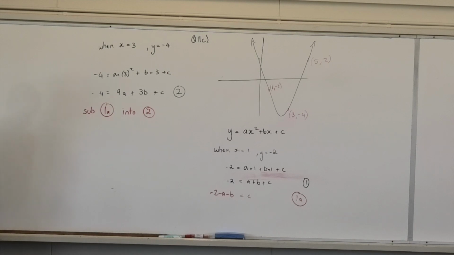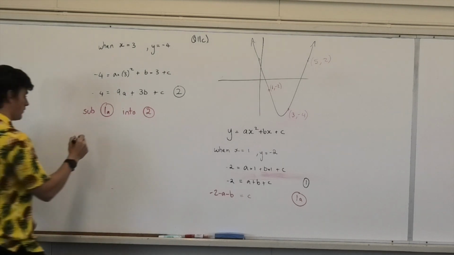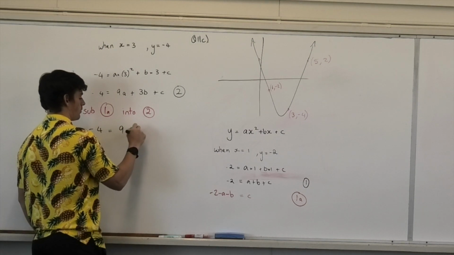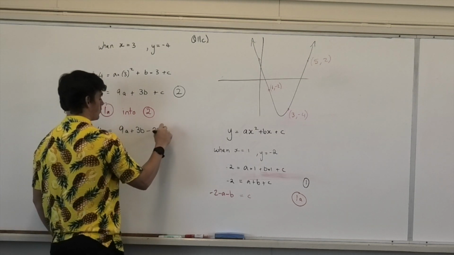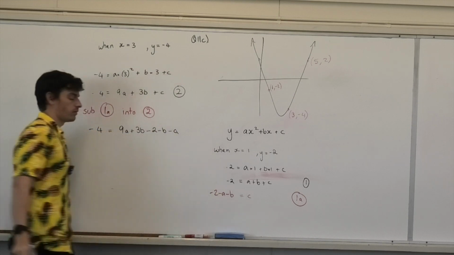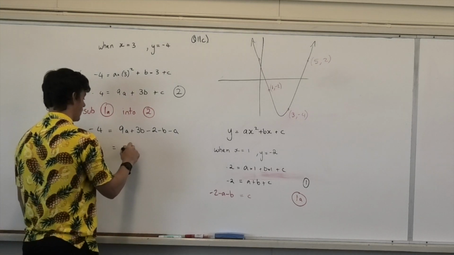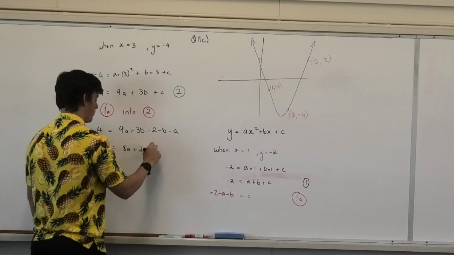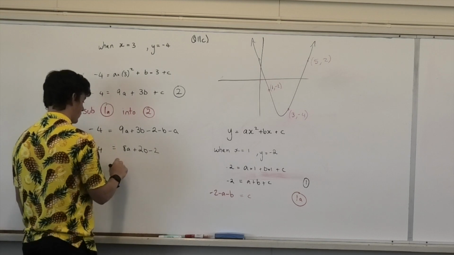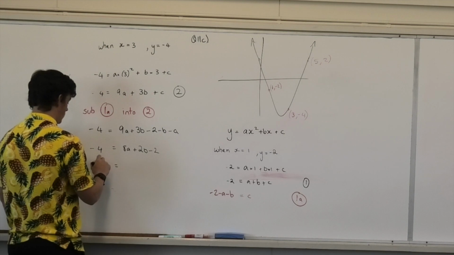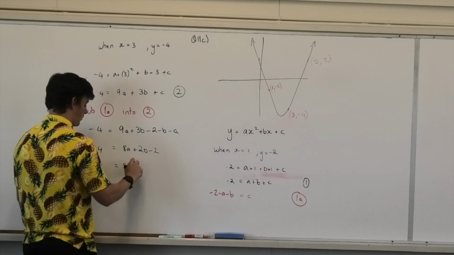Now I've got negative 4 equals 9a plus 3b minus 2 minus b minus a. Collect my like terms. 8a plus 2b minus 2 equals minus 4. Minus 2 equals 8a plus 2b.